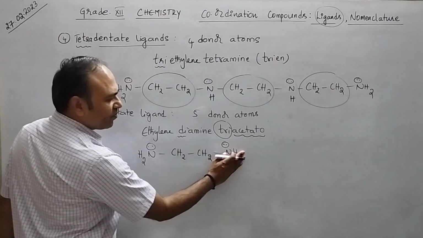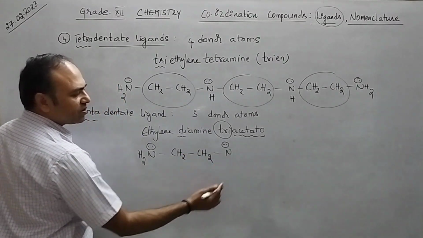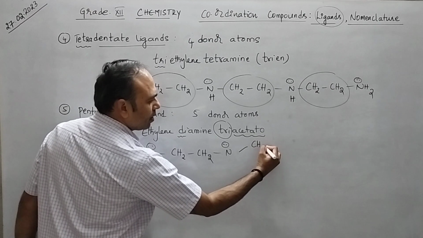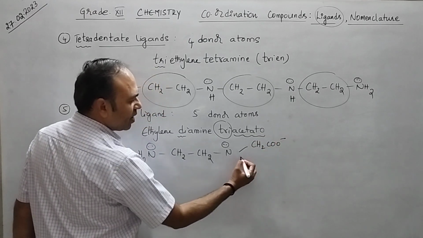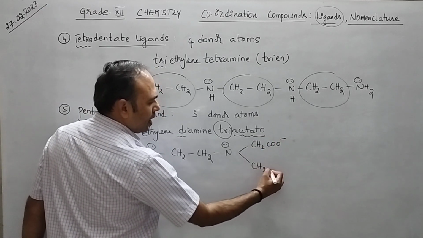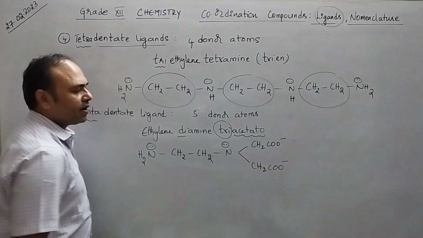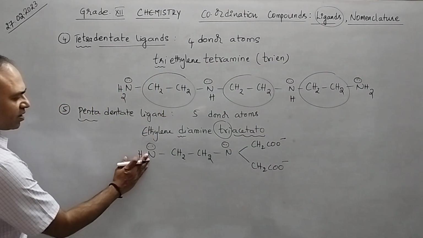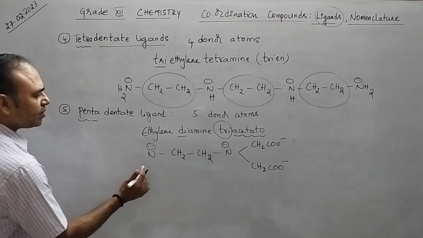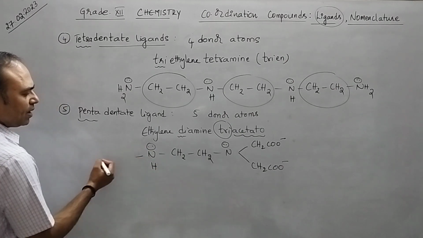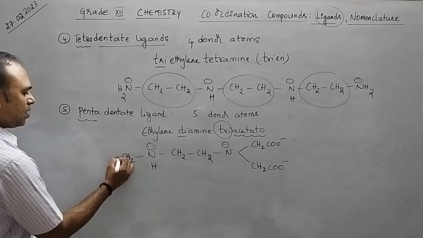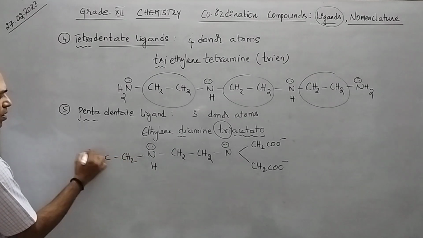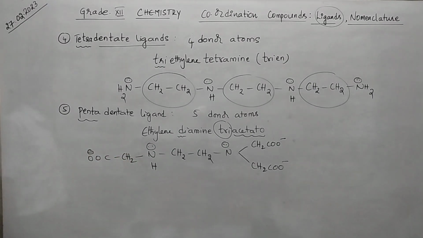To form that, first let us remove 2 hydrogens here and write CH2COO minus, and by the substitution of second hydrogen again write CH2COO minus. Now the last one, let us remove 1 hydrogen, and there we can have CH2COO minus.